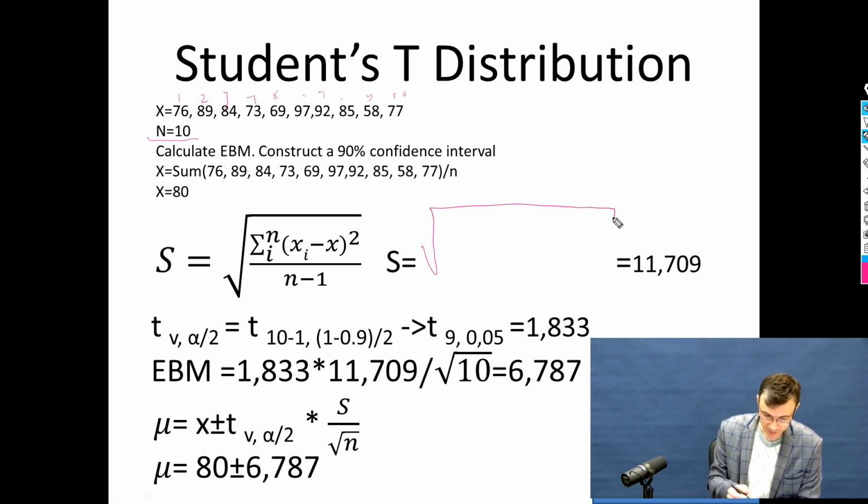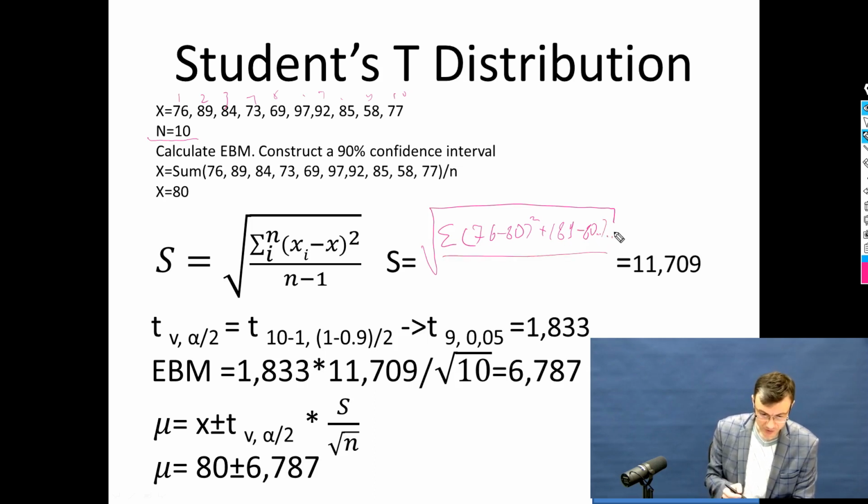It will be the sum of plus and so on. And of course, divided by your size minus 1.